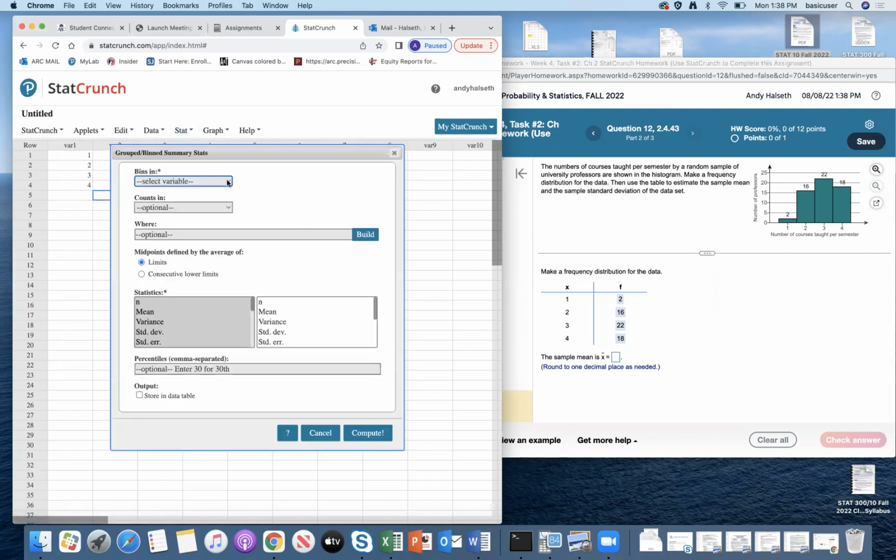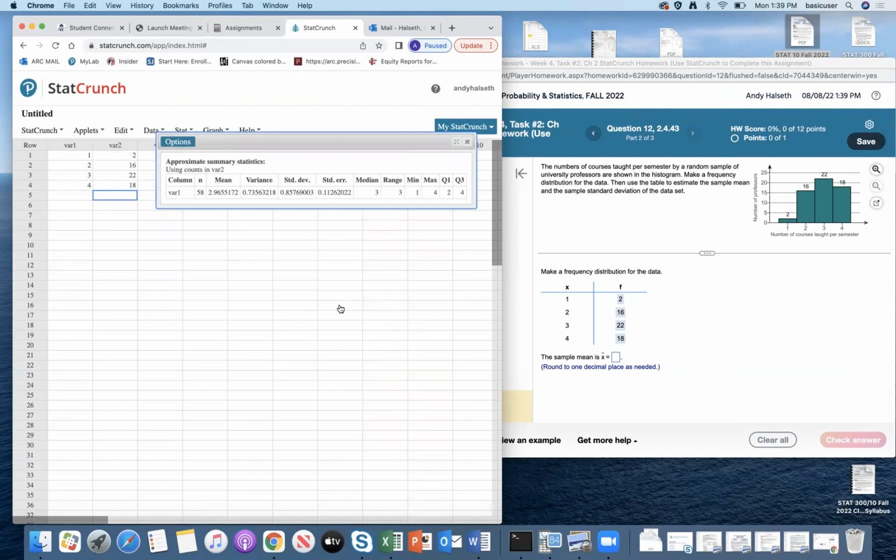For the bins in, put the x-axis values, which in this case is var1. The counts in is the same as frequency, so put the y-axis values, the frequencies, var2. The default statistics are good. I'll click on Compute, and then I've got my values here.